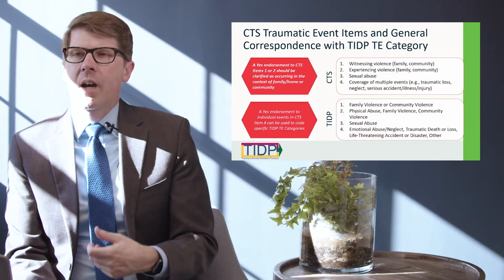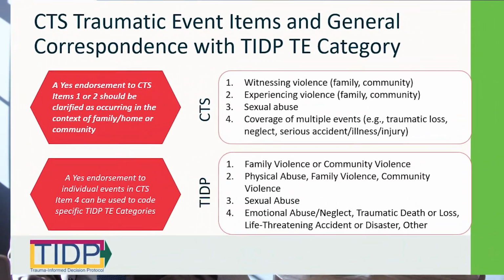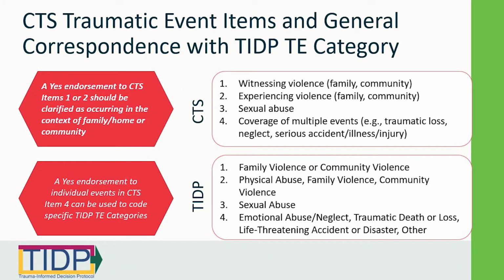So let's walk through this in a little more detail, specific to taking the sections of the CTS and mapping them onto the TIDP. So we know on the traumatic events section that there are 4 different questions. Those 4 questions broadly represent witnessing violence either in the family or the community.